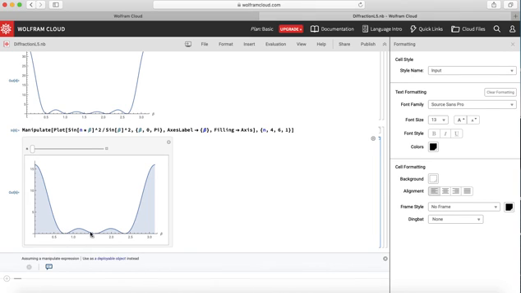I can see 1, 2, 3 minimas. So basically I can change the value of n. Now if I move this, it will become n equal to 5, because I have given a condition that it should take discrete values with a difference of 1. Now when n is 5, the number of secondary maxima should be 3, minimas 4.